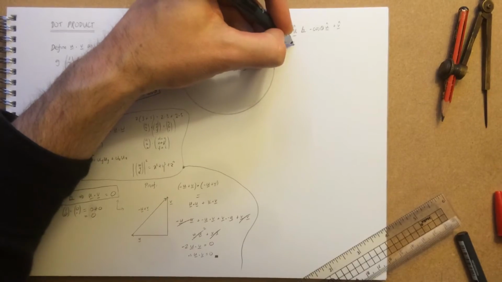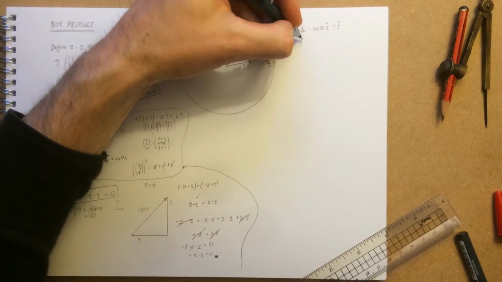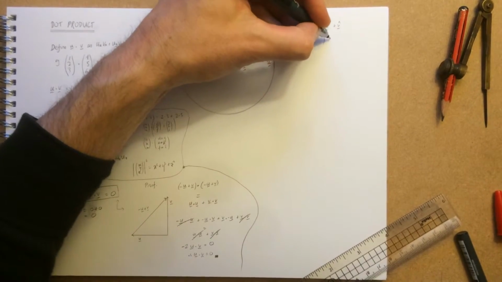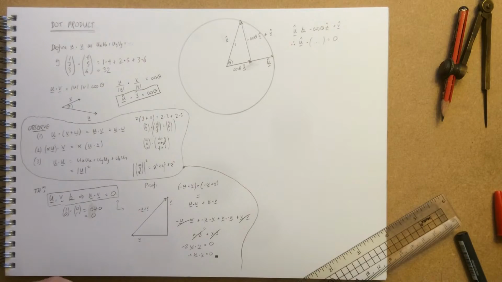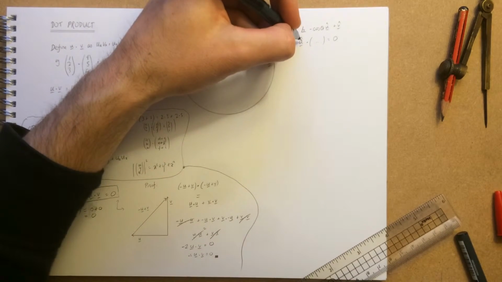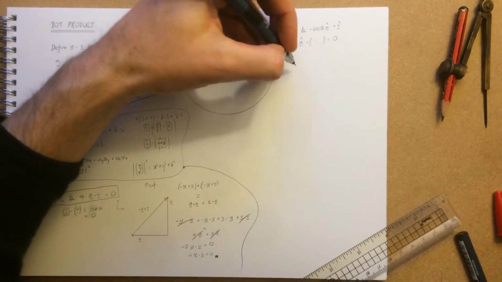Therefore, by our theorem, u hat dotted with this thing equals 0. So let's multiply that out. So we've got u dotted with that plus u dotted with that.